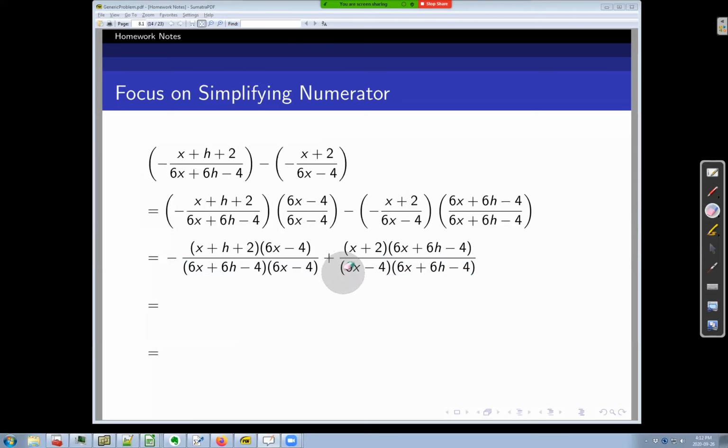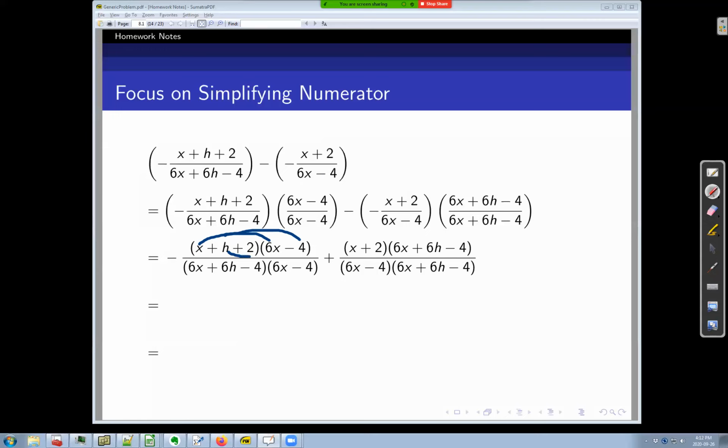Okay, but before we add these, I want to expand. So I'm going to have to do like a FOIL type business. I'm going to have to do x times 6x, and then x times -4.